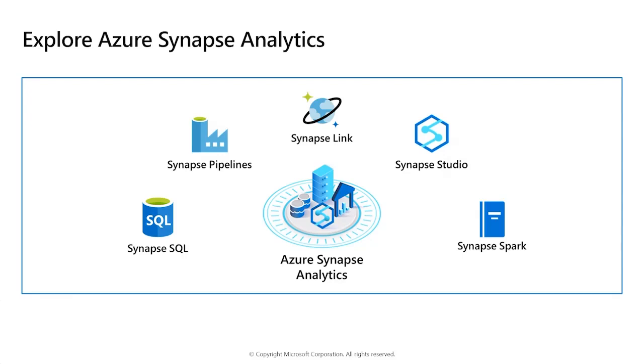And Azure Synapse Studio is a web user interface that enables data engineers to access all these Synapse analytics tools. So you can use Synapse Studio to create your Spark or SQL pools. You can use Synapse Studio to define and run your Synapse pipelines, or you can use Synapse Studio to configure links to some of your external data sources.